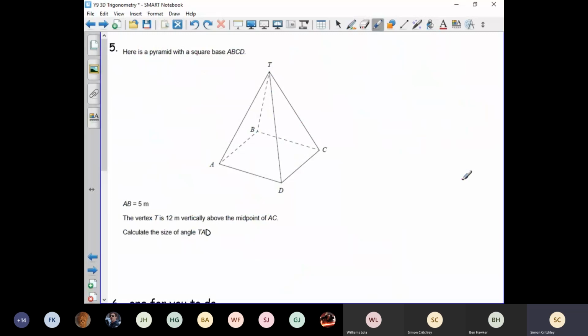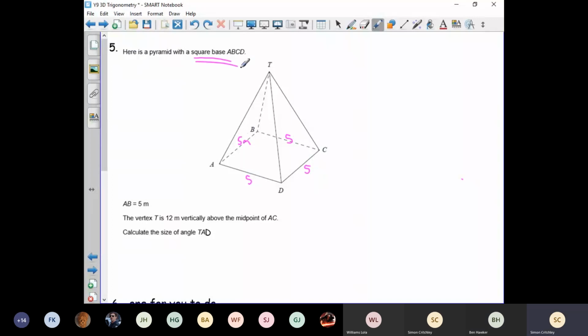Here's a pyramid with a square base, A, B, C, D. Looks pretty similar to the previous one. We've got A to B is 5 meters. The only difference here is they haven't actually written them on there, but we could write down A to B is 5 meters. That should be 5 there and 5 there and 5 there then, if it's a square base.